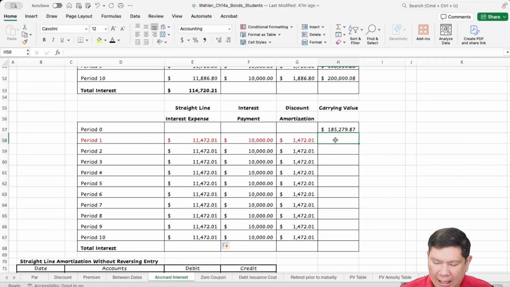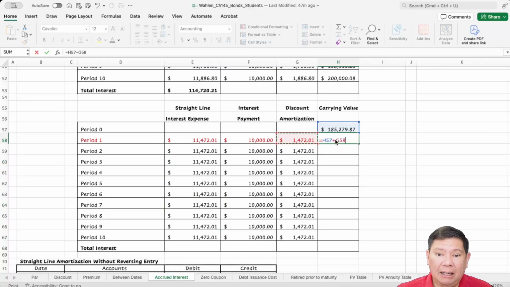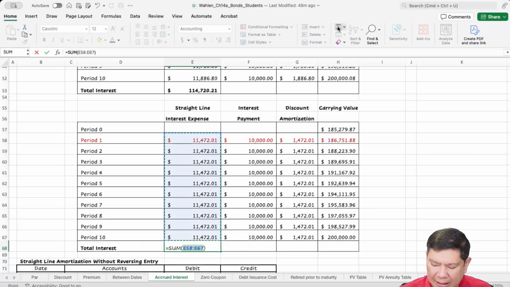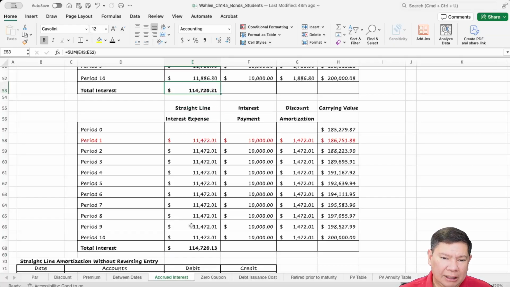Okay, and the amortization will bring back the fair value of the bonds to its face value. Okay, so it goes back to 200,000, and we can calculate the interest. Okay, you see, slightly different because of the rounding, but basically the amount of interest is the same using straight line or the effective interest method.